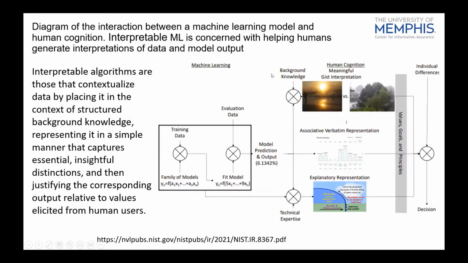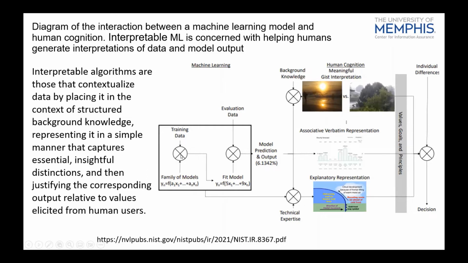Here is an example which shows how these things tie together. So, machine learning model and human cognition. Interpretable ML is concerned with helping humans generate interpretations of data and model output. This is a typical machine learning model where you give the training data and a family of models.